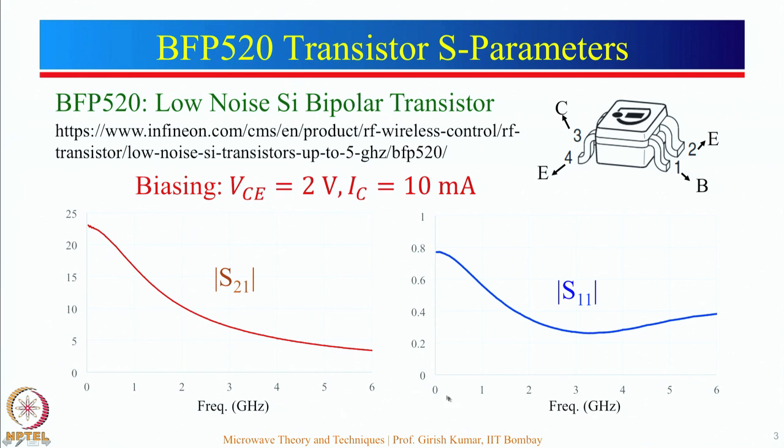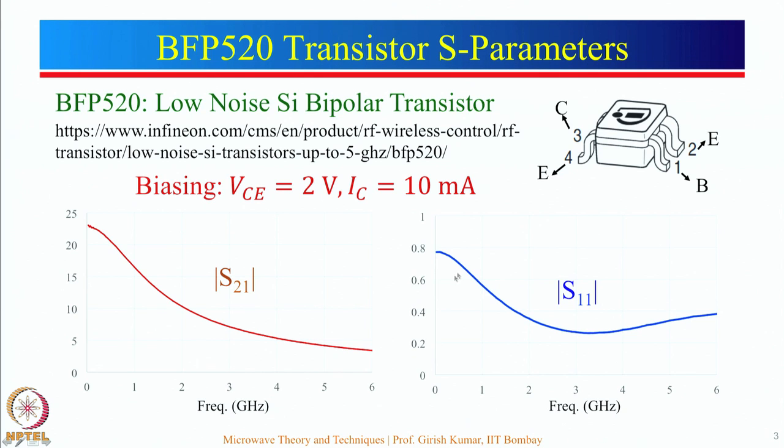One can see here that at lower frequencies, S11 is very, very poor. If you look at a value of 0.8 for S11, and recall reflection coefficient is equal to S11 which is equal to 0.8, reflected power will be the square of this which is 0.64. So, that means 64% power will reflect back.